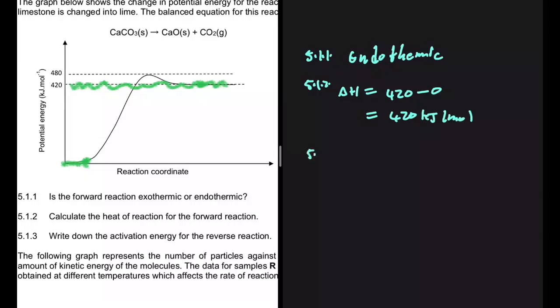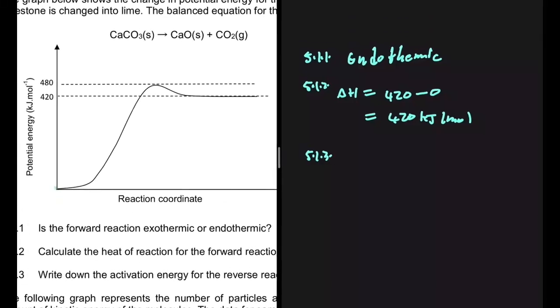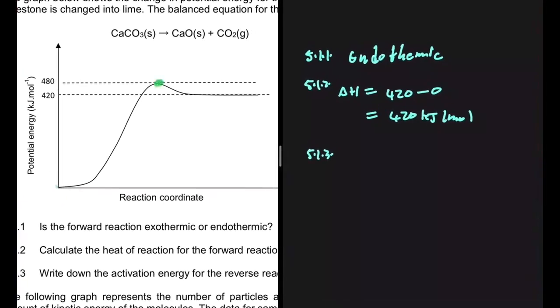Looking at 5.1.3, write down the activation energy for the reverse reaction. Now we are interested in the activation energy for the reverse reaction. So the activation energy for the reverse reaction will be this energy here at the peak, which is 480 kilojoules per mole, minus the potential energy of our reactants for the reverse reaction, which will be 420 kilojoules per mole.